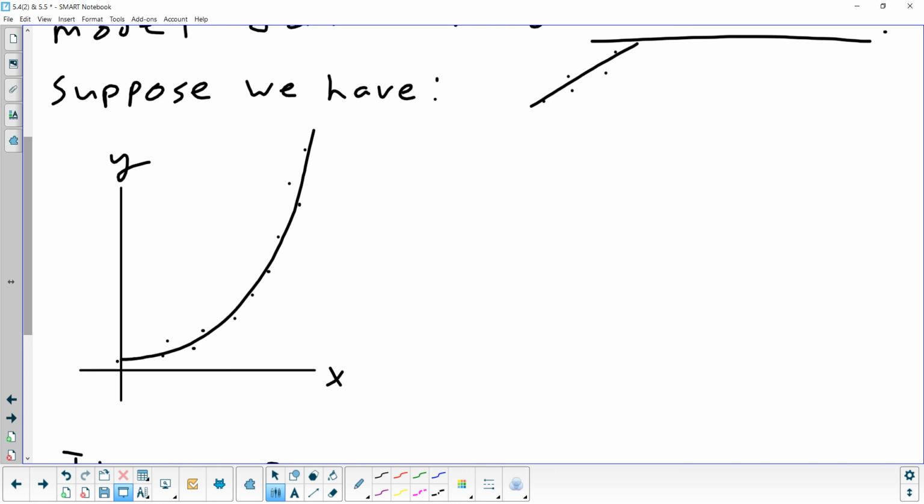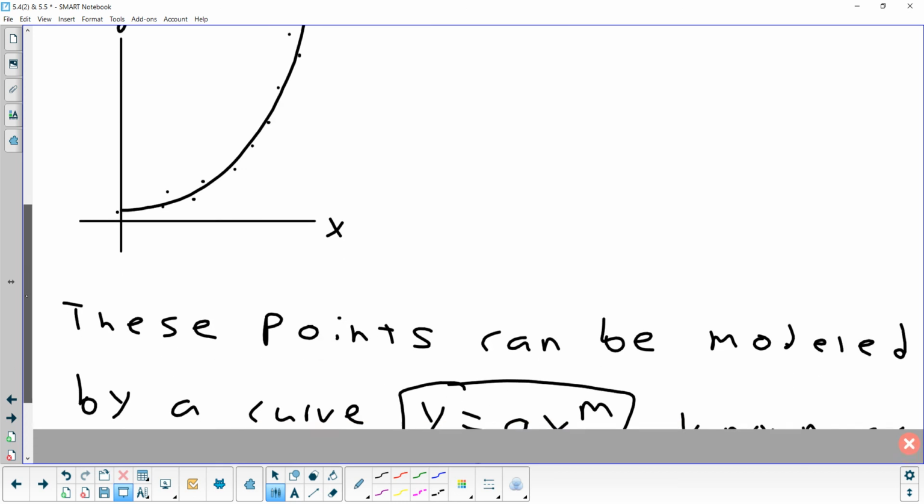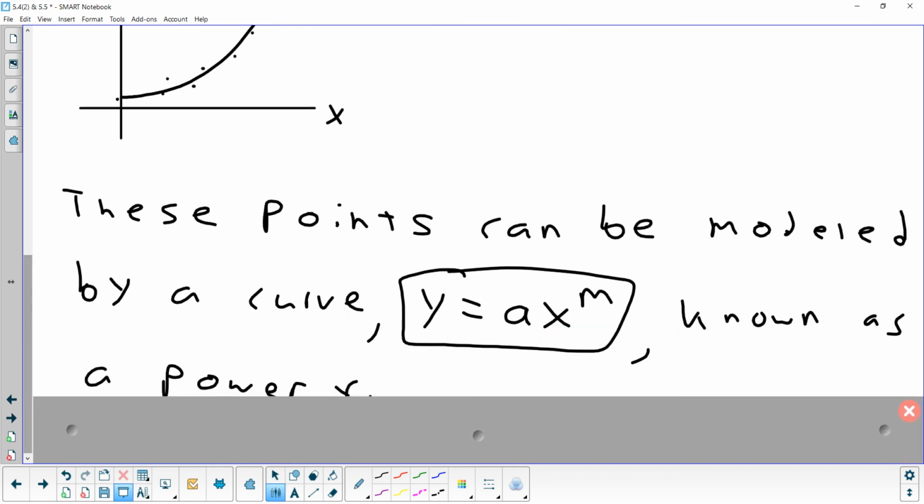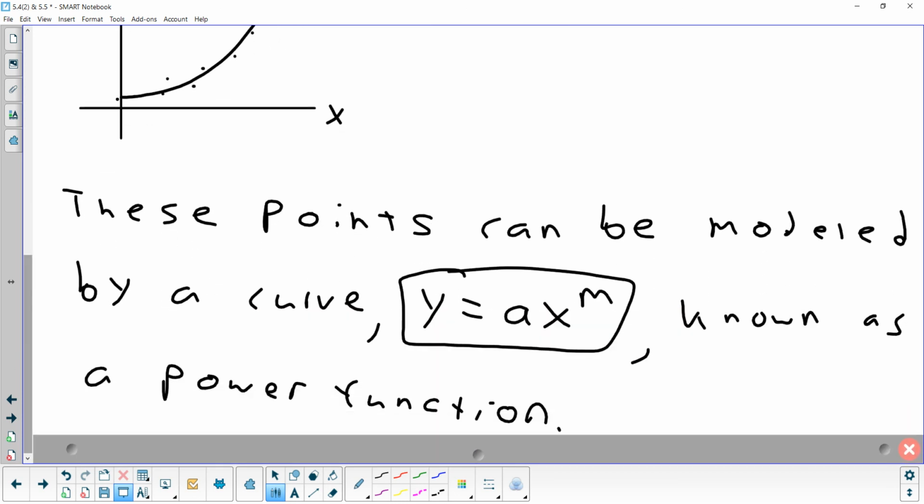Right? And that's where the graphing calculator is going to help us out. So we're going to be finding equations that look something like this. It's almost like a one-term polynomial. That's basically what a power function is. The difference, the reason I can't really call it exactly a polynomial is because sometimes this exponent is a fraction.